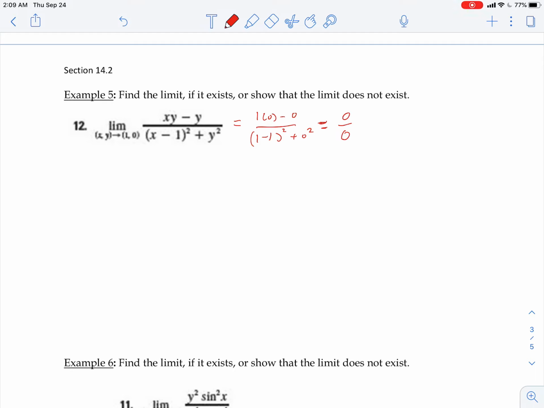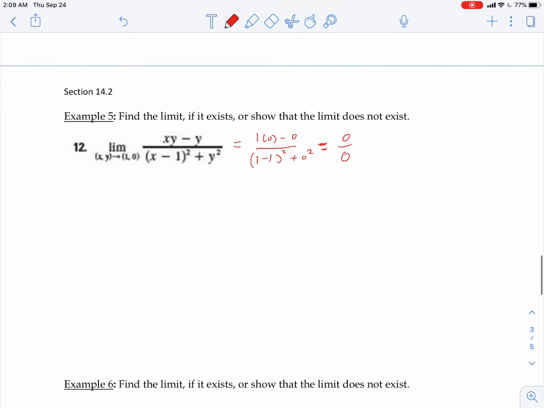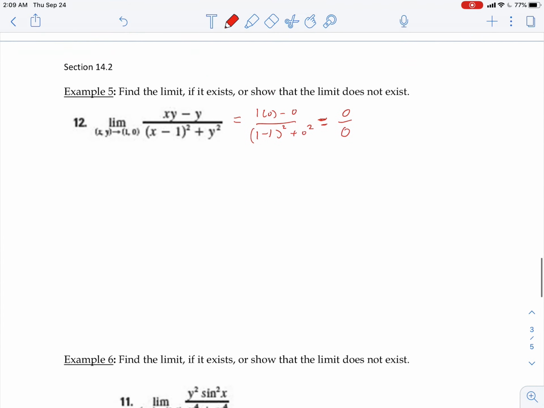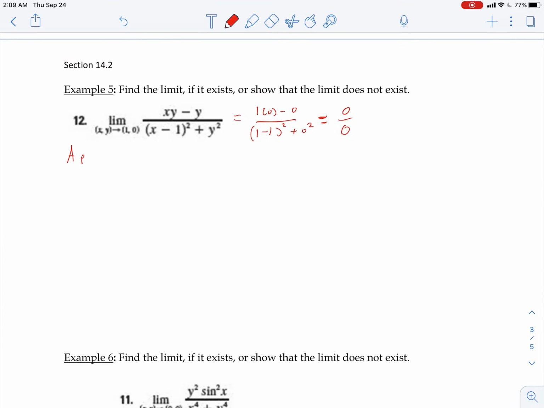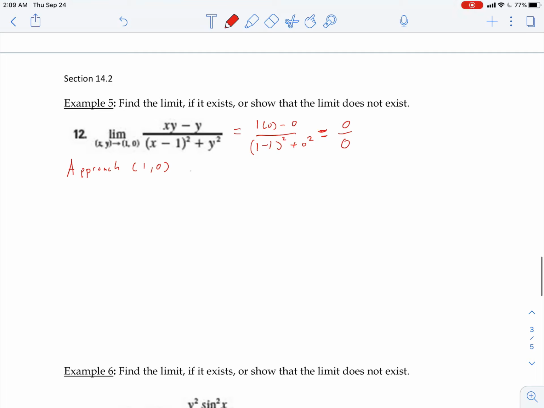So what we're going to do now is choose a pathway along which we approach 1, 0. The first pathway that we're going to choose is along the x-axis.